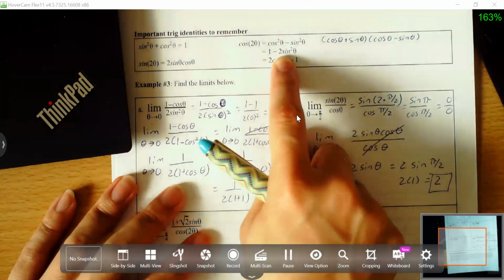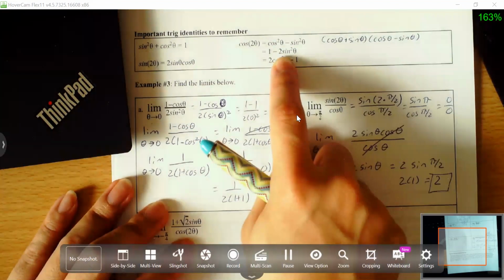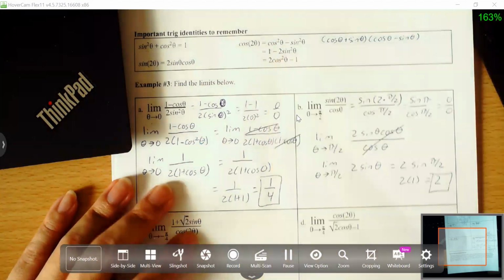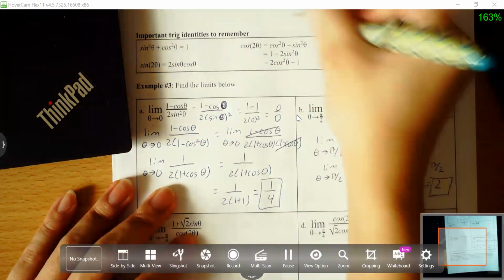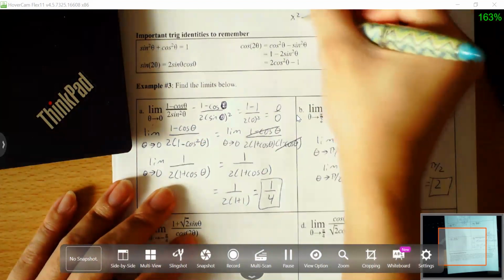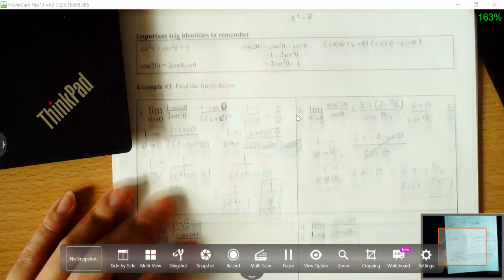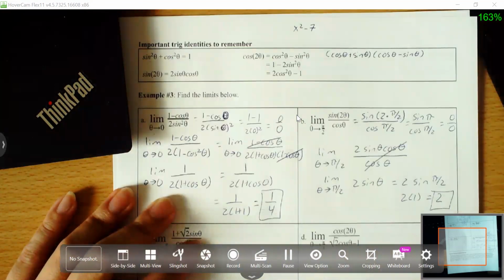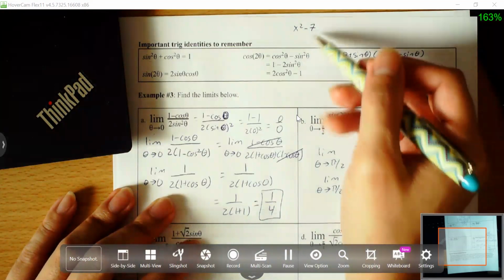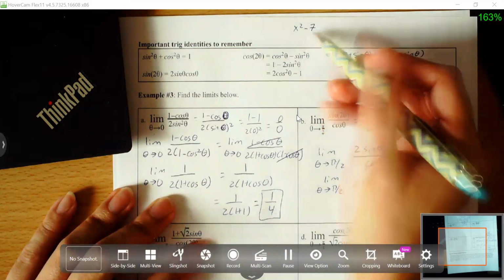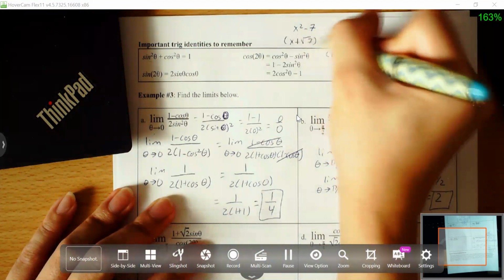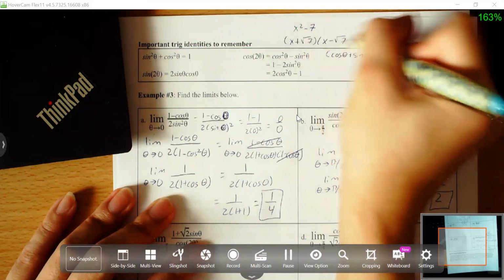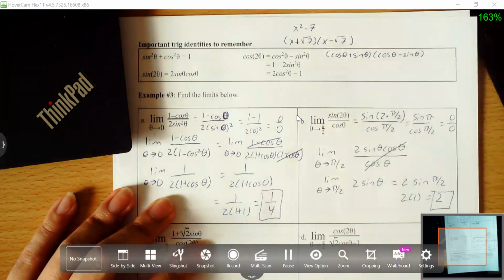But you could break anything down. For example, x squared minus 7, even though you can't really factor that because there is no way to break down 7, technically you could do something like this: x plus root 7, x minus root 7, right?